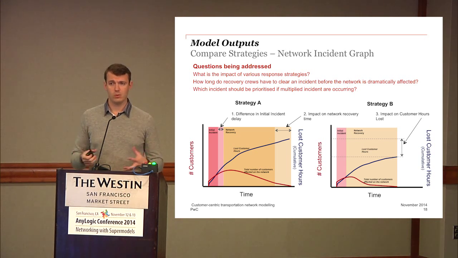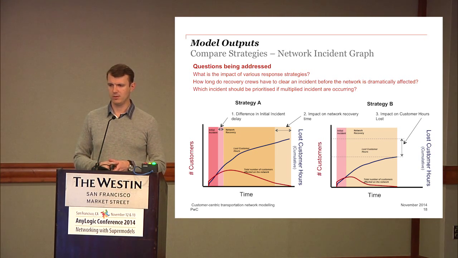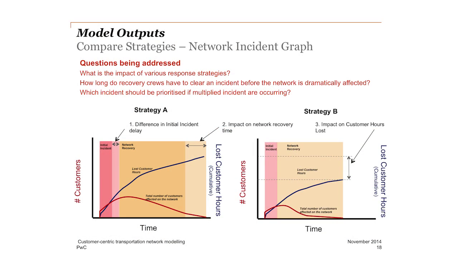Why is it so? Again, it's a very busy graph, but what it allows you to do is very quickly compare scenarios. So the major thing about this was, look, if we have incidents and we have to deal with them, we have to find a way to very quickly show that this strategy is better than that strategy.